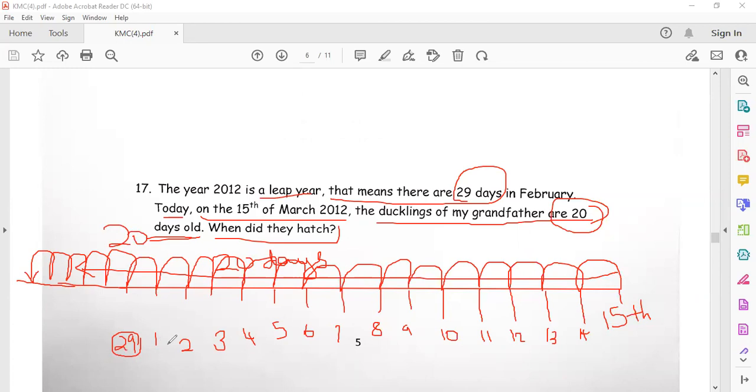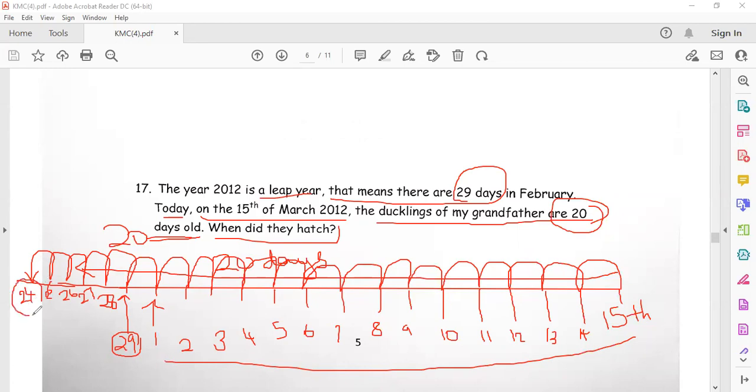Where would that be? Now, this is our month of March, right? It's up to here. We have our 1st of March, 29th February, 28th February, 27th, 26th, 25th, and 24th February. So the chicks must have hatched on the 24th of February.